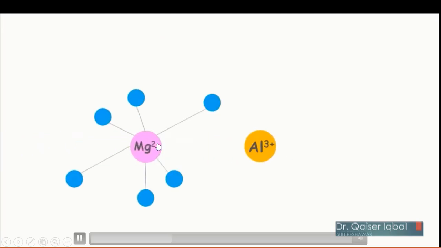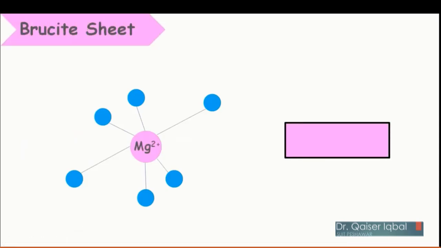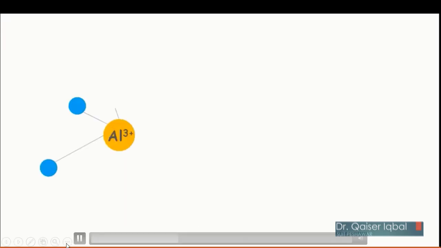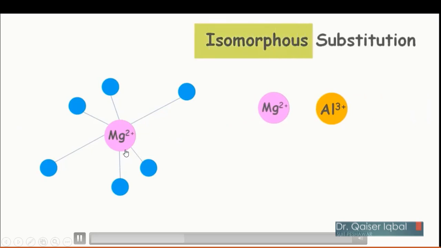Okay. So in gibbsite sheet, now sometimes the aluminum is replaced with the magnesium, okay, which is called isomorphous substitution. We will discuss silica sheet isomorphous substitution as well later on. So if you have the atom of same size replaced with another atom in a molecule, then that will be called isomorphous substitution.